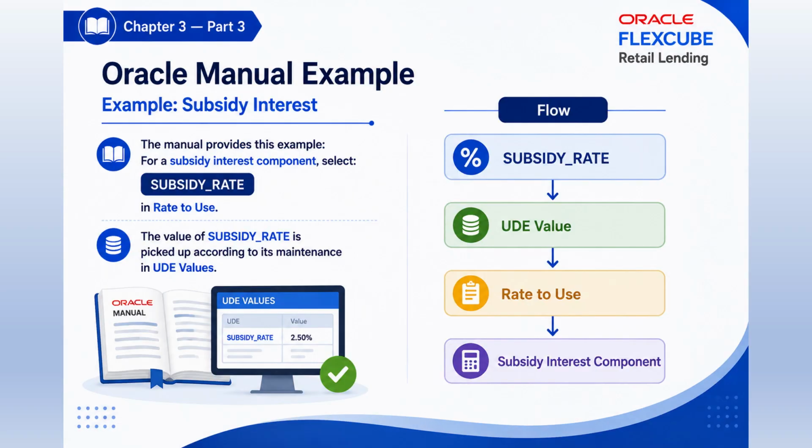Let's look at the example provided in the Oracle manual. For a subsidy interest component, the manual gives subsidy_rate as the UDE selected in rate to use. The value of subsidy_rate is then picked up according to its maintenance in UDE values. So the flow is subsidy_rate UDE value, rate to use, subsidy interest component.